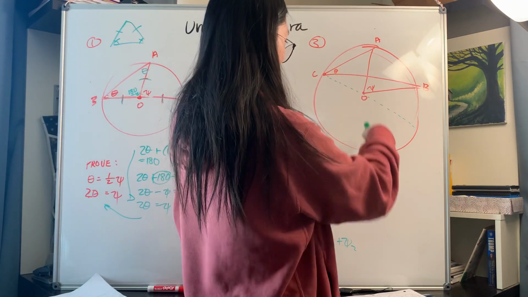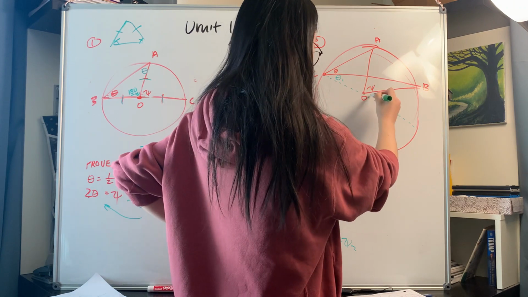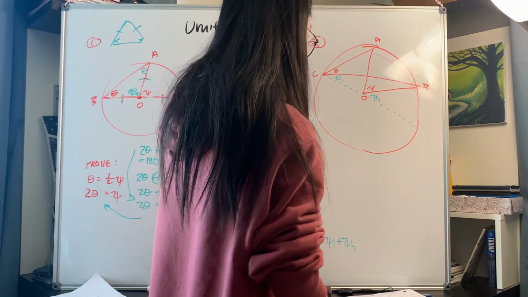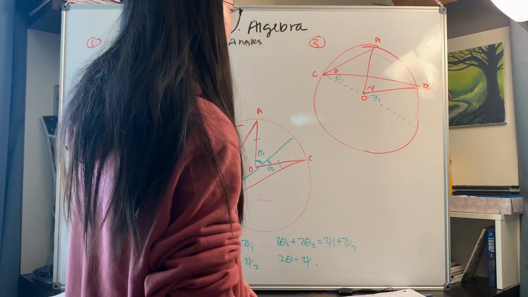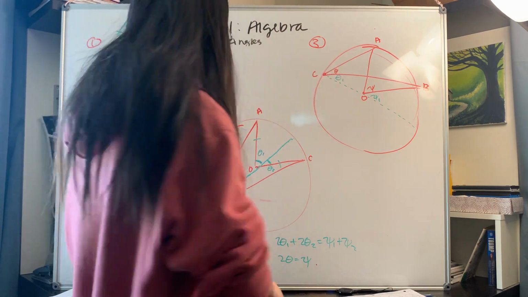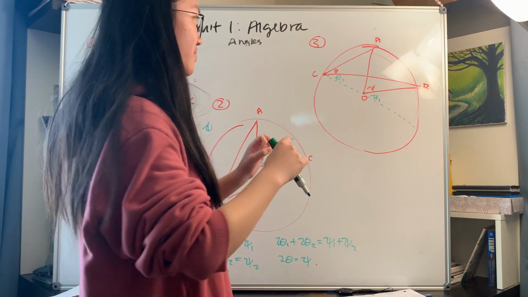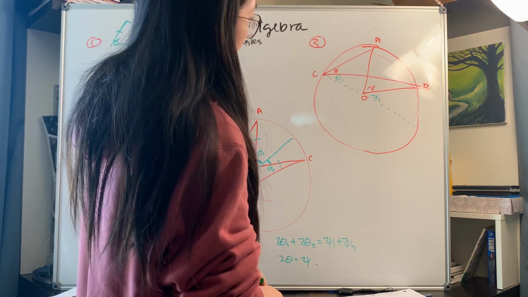I'll leave theta here and psi here, but I'm going to call this theta 1 and psi 1. Using what we learned here, you'll realize that we can apply it, though you'll have to work harder to visualize this.